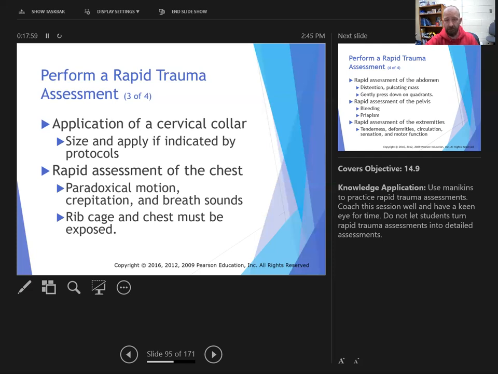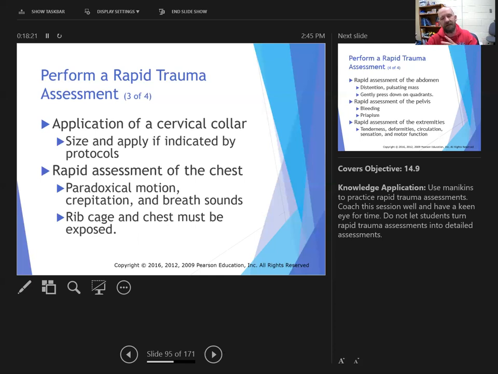But at least for a little bit, taking their clothes off so I can see. I might not be able to feel bruising, or if they're unconscious, maybe they can't tell me that something hurts when I palpate it, when I touch it. So I have to be able to see some of these things, or maybe there's bruising, or obvious deformity hiding underneath a sweatshirt or clothes.